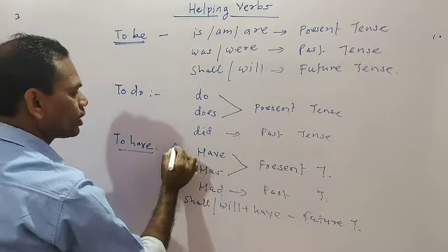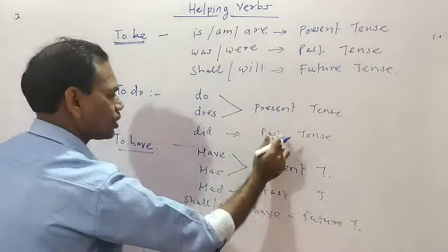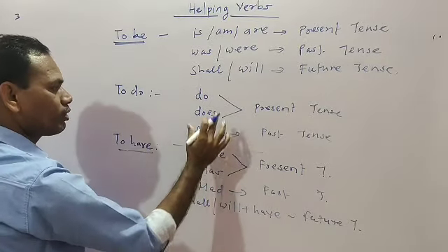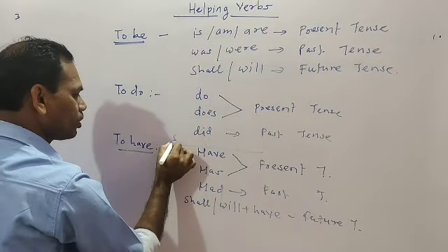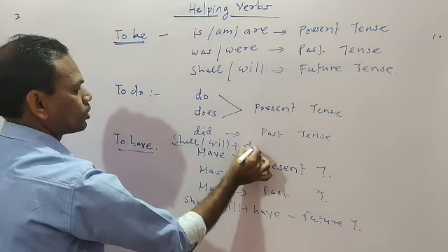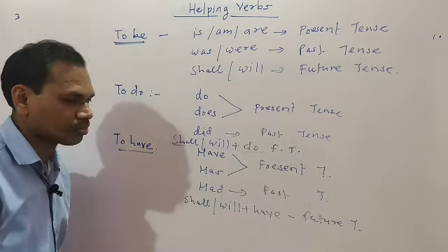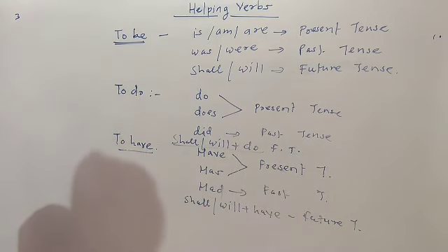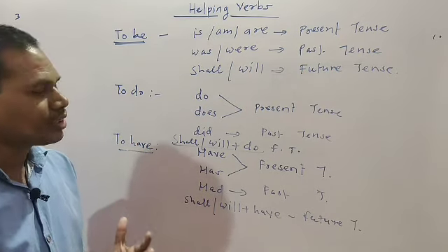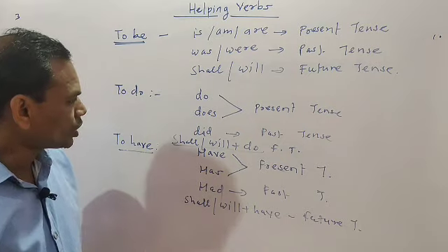Similarly, for do, do and does are used in present tense, did is used in past tense. There is no particular future form, and that's why we may use shall or will plus do as a future tense or future form. So these are the basic helping verbs. We need to know the nature.